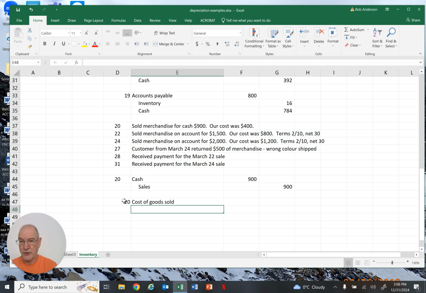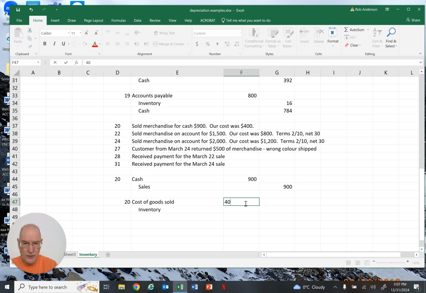And note that cost of goods sold acts like an expense account, so it has a debit balance. But what do we not have anymore? Well, we don't have inventory anymore. And that was $400. So this is showing our inventory going down and the cost of sales going up.